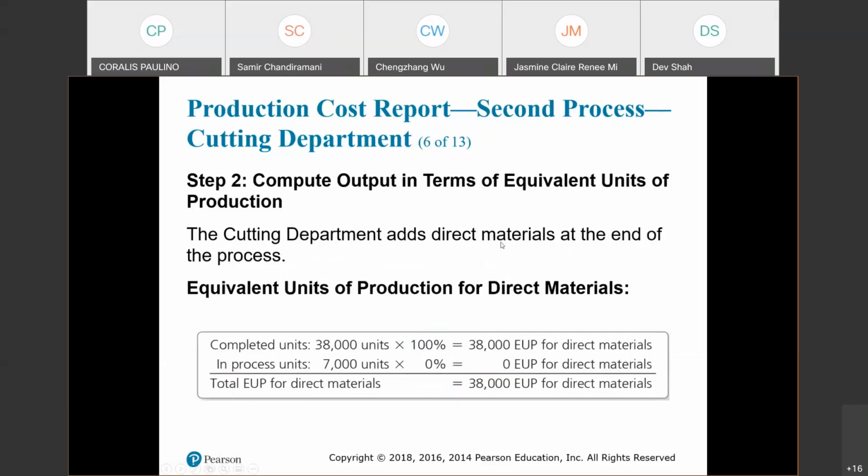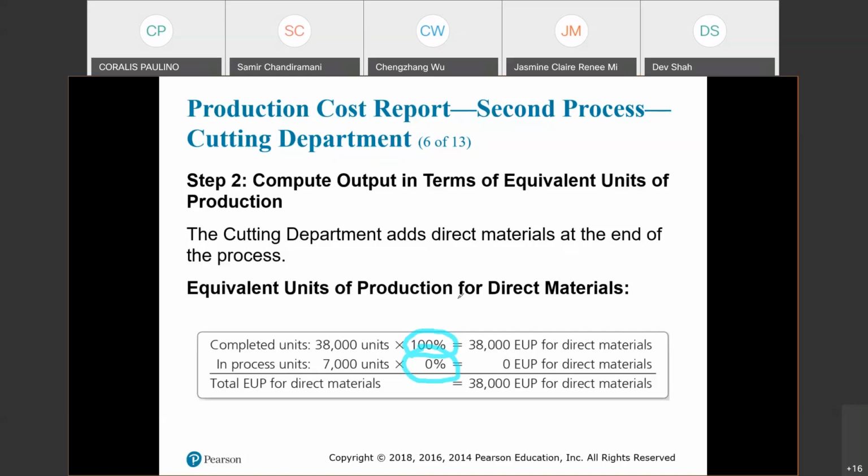So next, let's see direct materials. Well, for completed units, we times 100%, no problem, because they are fully completed. But in terms of in-process units, we times 0. So think of it.